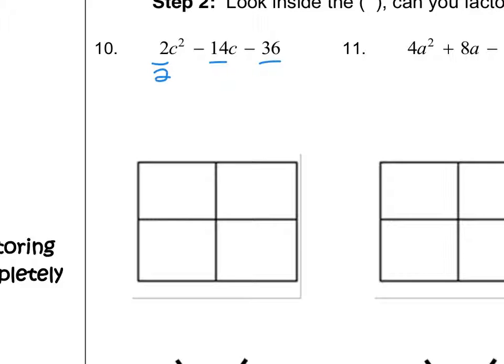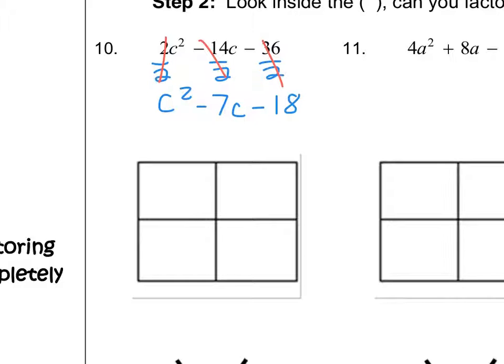So I'm going to divide each one of these by 2, and that leaves me C squared, because my 2's cancel out. Negative 14 divided by 2 is going to be minus 7C, and negative 36 divided by 2 is going to be minus 18.